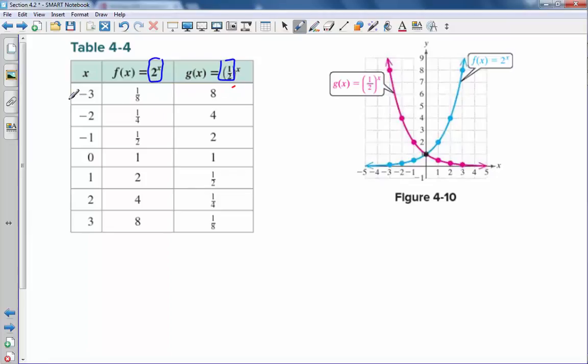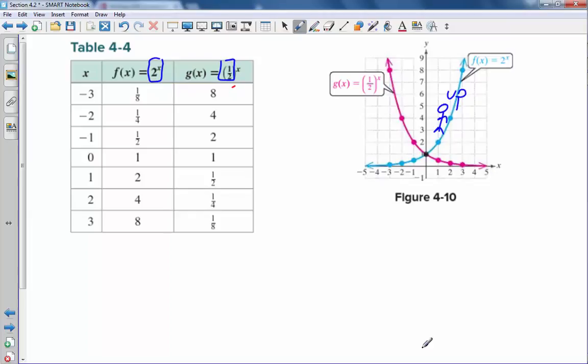Somebody already computed several x values, inserted them, and used a calculator. You get 1 over 8, 1 over 4, 1 over 2, 1, 2, 4, 8. You plot those, we see a function going up. From left to right, you are climbing up. It's a very steep angle, huge, fast growth.